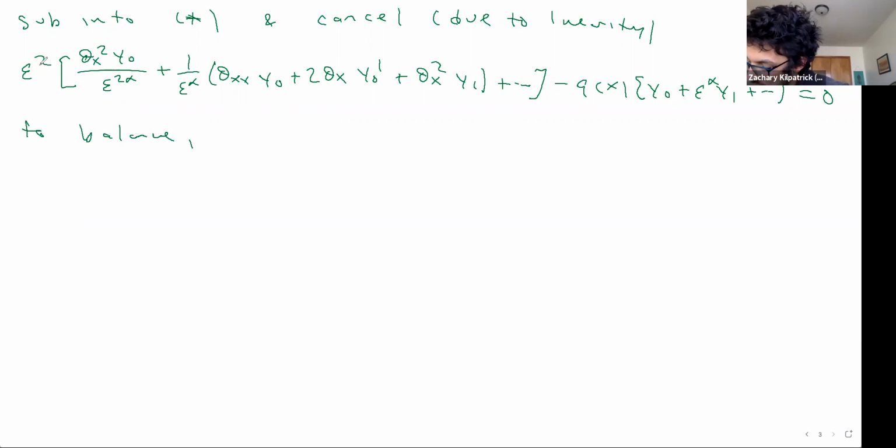Well, notice that I have an epsilon squared here, and an epsilon to the 2 alpha here. This is going to be the lowest order term. And so in order to match it up here with an order 1 term, what should we take alpha to be?